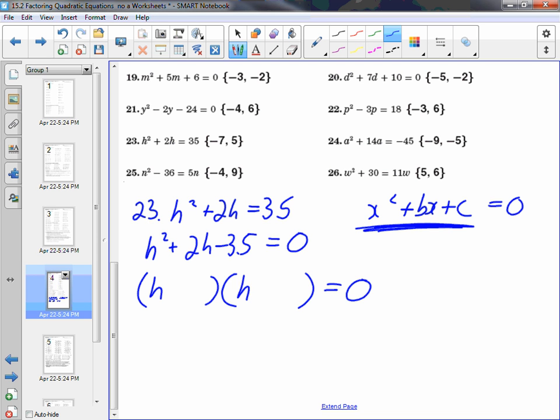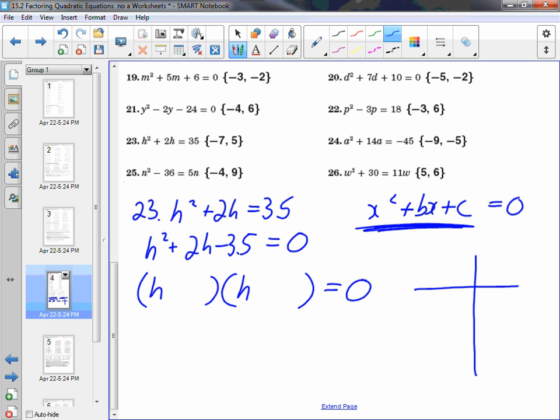And then remember what we have in our T. We want factors of C, and then we want to make sure those two factors of C have a sum of B. So factors of negative 35 that have a sum of positive 2. Are my two factors of 35 going to have the same sign or different sign? Different, okay? Whenever C is negative, they have different signs.